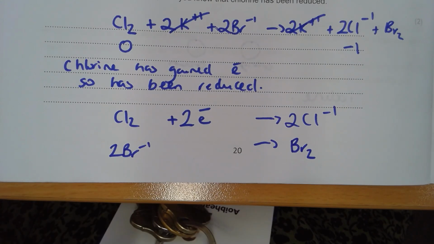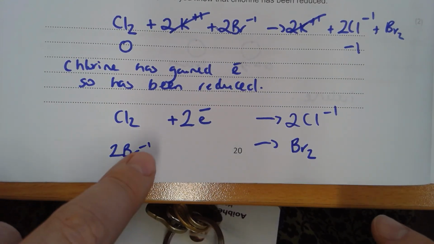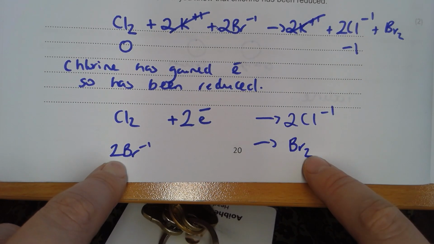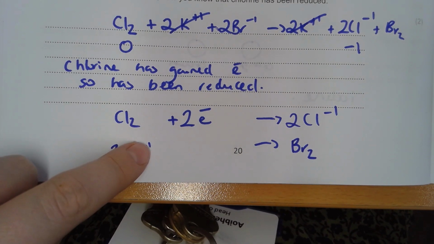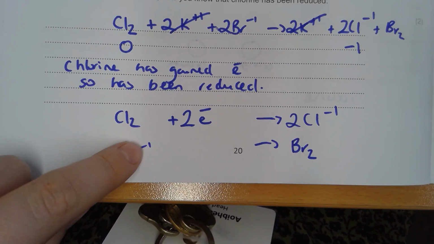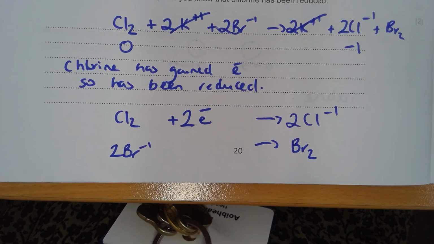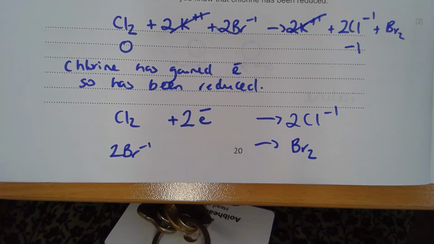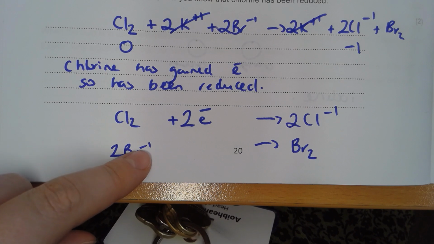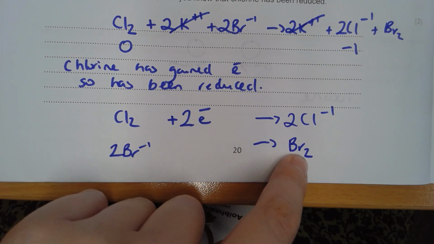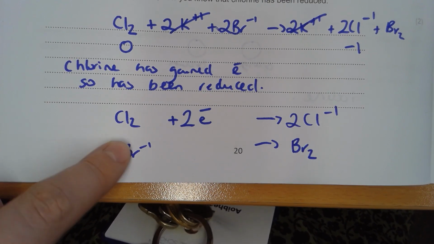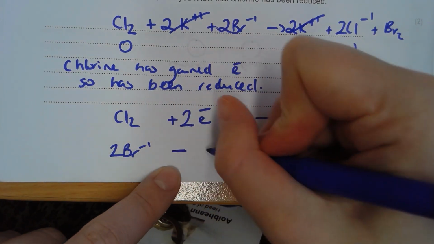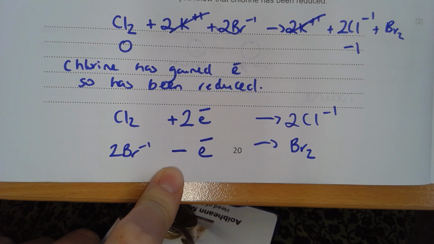And then I need to show what's happening in terms of electrons to get from the left to the right. Okay, so on the left hand side, bromine has a negative charge. It's negatively charged because it has already gained electrons. I don't want it to have a negative charge anymore. I want it to be neutral. So if it's negative because it has extra electrons, if you take those electrons away again, you'll also take the charge away.